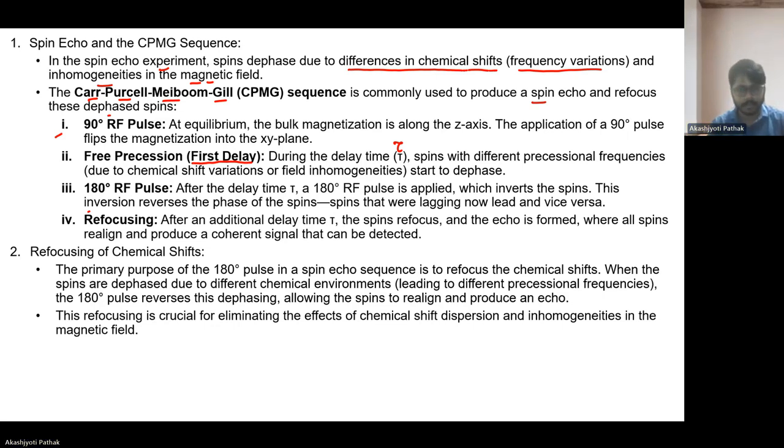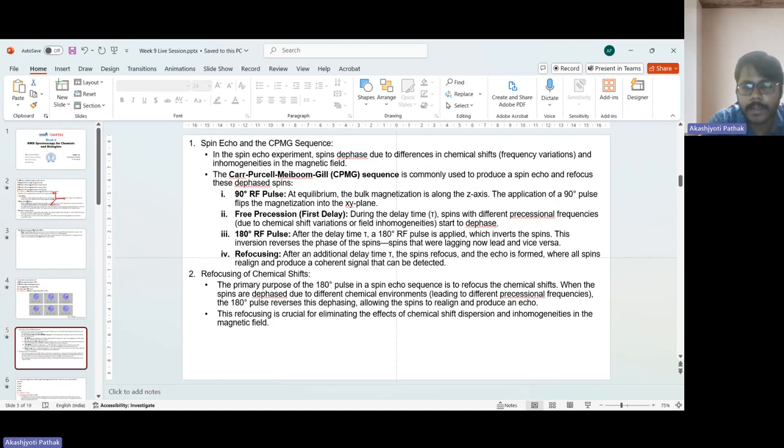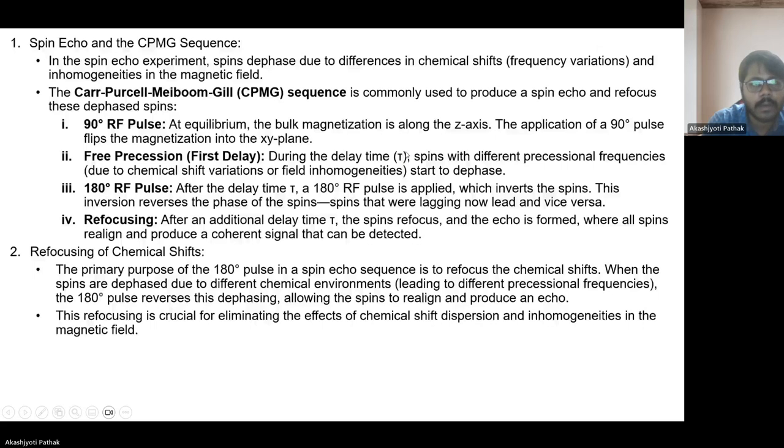The nuclear spins will start dephasing. And after a time delay of tau, I will be giving it another 180-degree RF pulse.